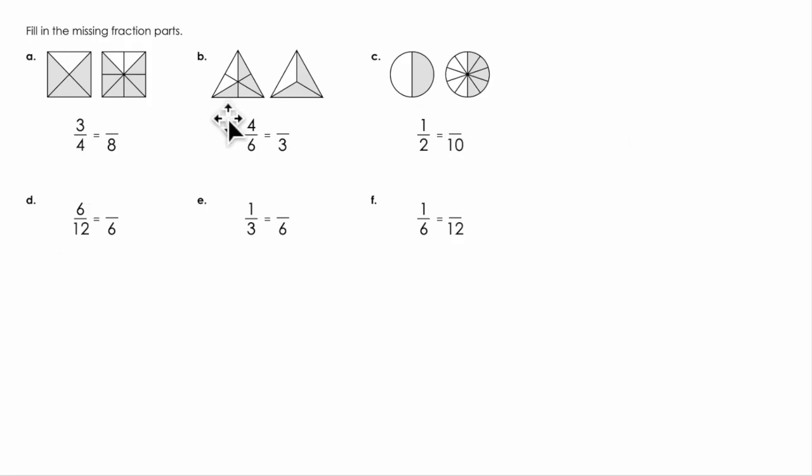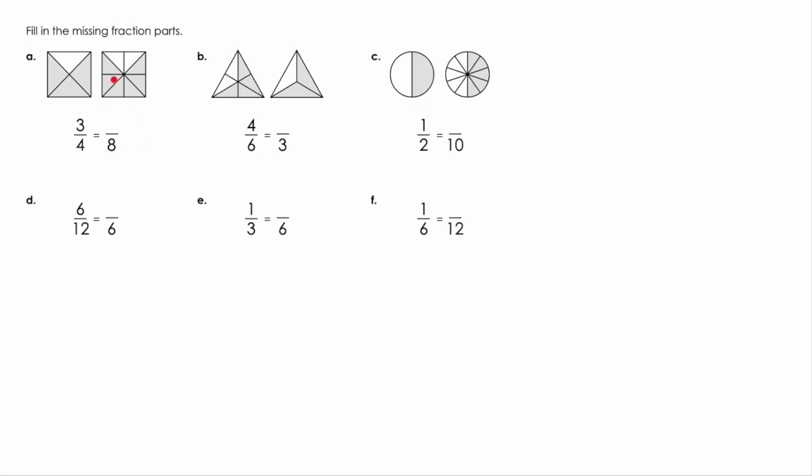So, looking at fill in the missing fraction parts. All right. We've got 1, 2, 3, 4 pieces, right? There's our denominator. 3 are shaded. That's it. So then we're going over here. We need to know, oh, wait, it already helped us out.